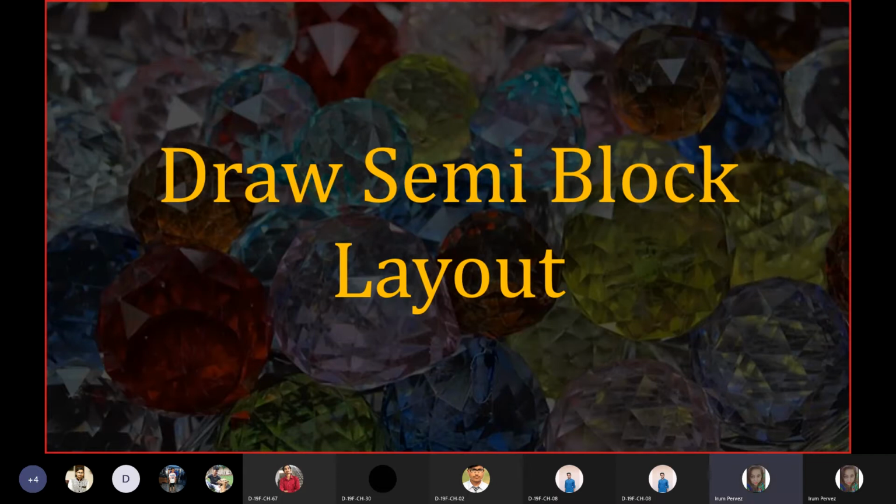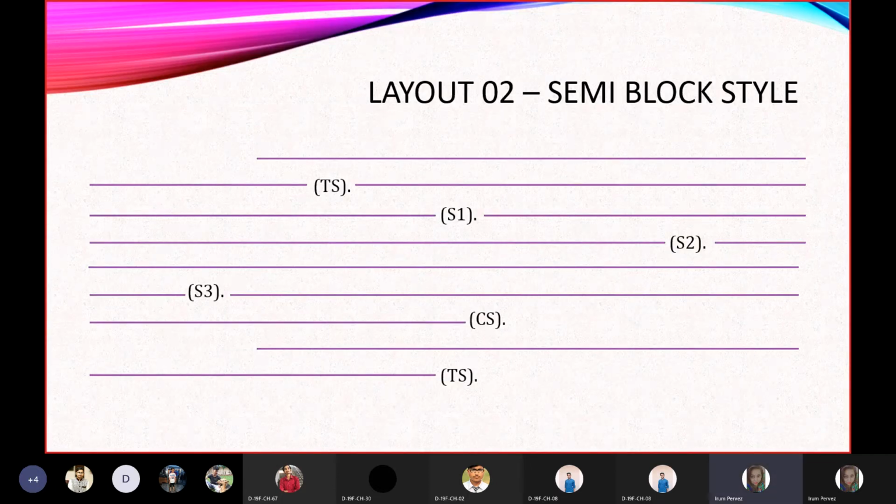Roll number 02, which slide you're talking about? This one? This is semi-block style. Okay, 29, let me check. That's wonderful. That's great.